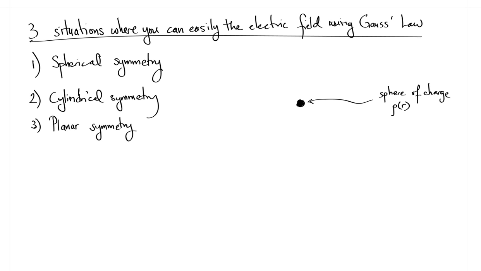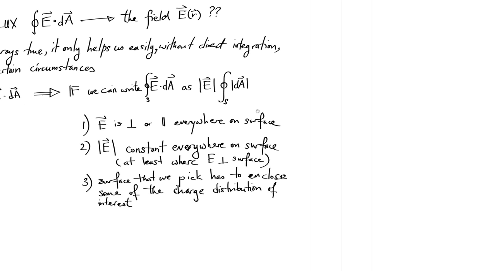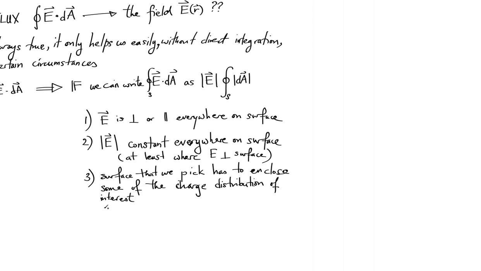So in this problem then, what I want to do is have my Gaussian surface such that it fulfills these conditions. So I have to decide on what surface I'm going to use. And the decision of what surface I'm going to use is that it fulfills these 3 conditions.